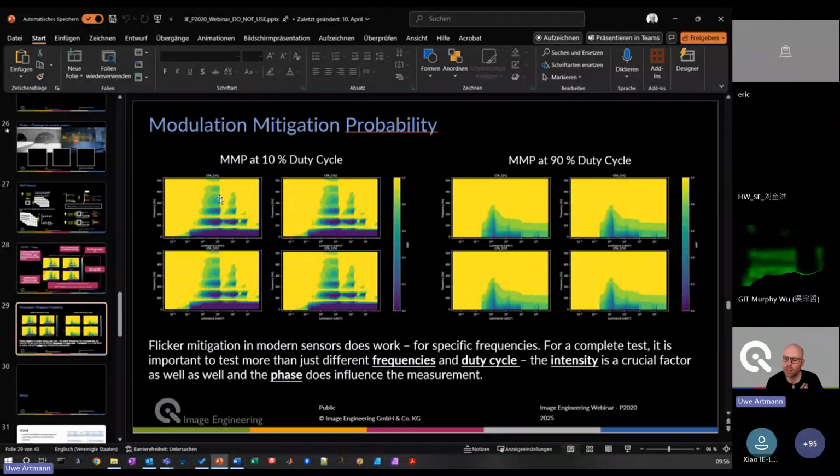Then there was a question if the flicker is for human perception, and I have to say no. There has been some research in the work group on what tolerance level is acceptable for human vision, but that is not part of the standard, and that is still part of research.